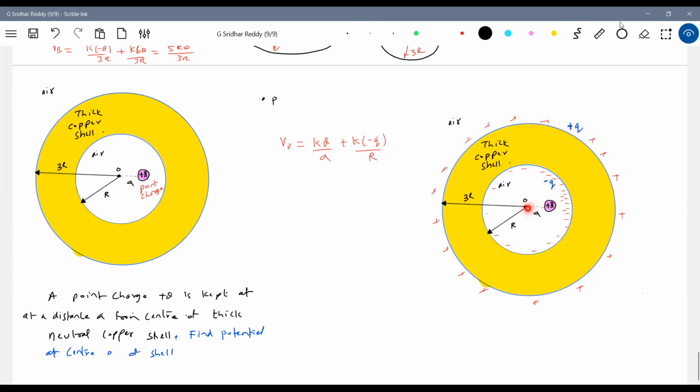The point O lies inside the shell, so the potential is the same everywhere inside, which becomes KQ by 3r. So the potential is KQ by a, minus KQ by r, plus KQ by 3r, which is KQ by a minus 2KQ by 3r, only at the center.